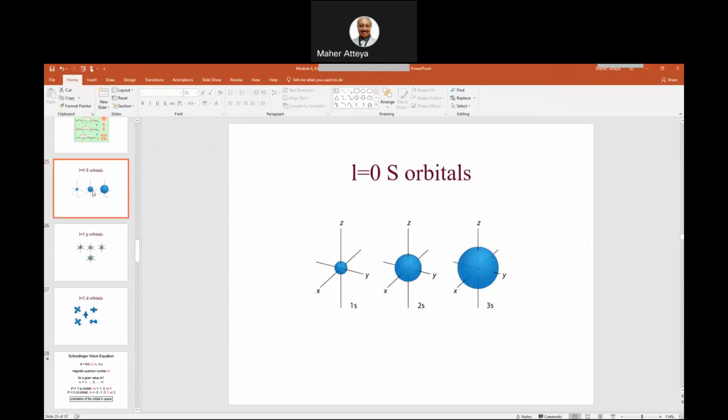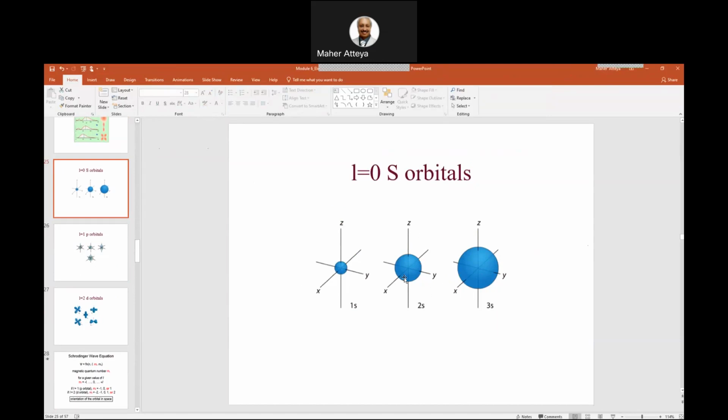This is just the s orbital. l equals 0, that will be the s orbital. This is the orientation; the angular momentum gives us the orientation. Now, this shape here is magnetic. The S orbital electron density will always move in a spherical shape.